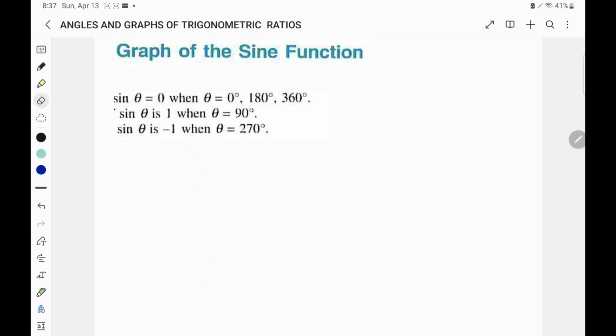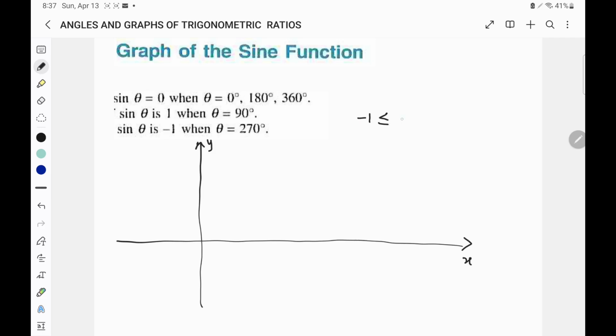Try to draw the straight line. All right, this is the y-axis, x-axis, and remember the answers lie between -1 to 1. Okay, always.